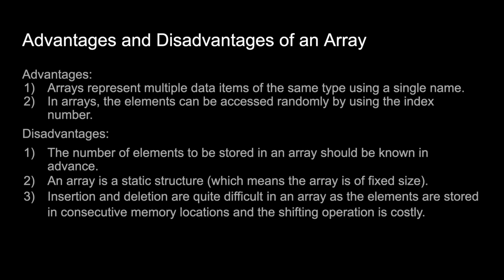Now let's see what are the advantages and disadvantages of an array. An array data structure represents multiple data items of the same type using a single name. And in an array, the elements can be accessed randomly by using the index numbers.